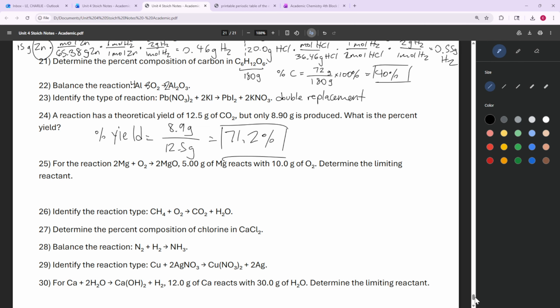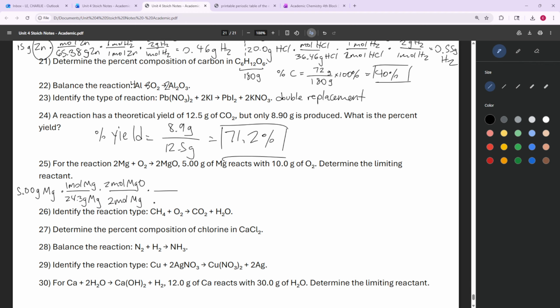Number 25, determine the limiting reactant. All right, so we've got 5 grams of magnesium. 24.3 grams get a mole. For every 2 moles of magnesium, you get 2 moles of magnesium oxide.